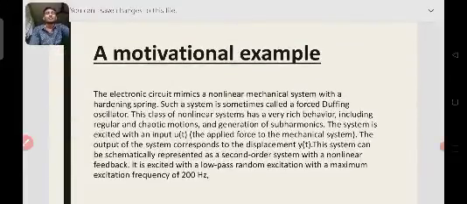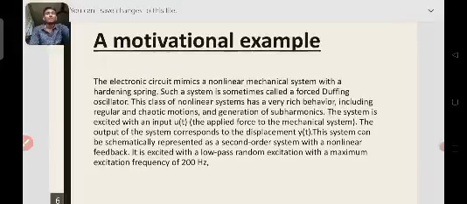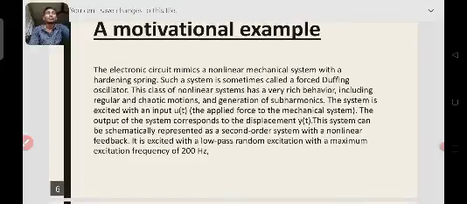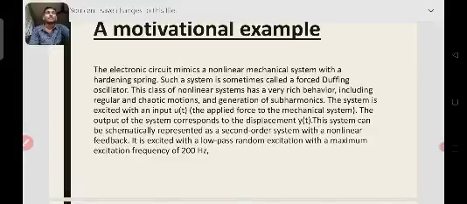So for this we can see an example for the motivation. An electronic circuit mimics a nonlinear mechanical system with a hardening spring. Such a system is sometimes called a forced damping oscillator. This class of nonlinear systems has a very rich behavior, including regular and cyclic motion and generation of subharmonics.